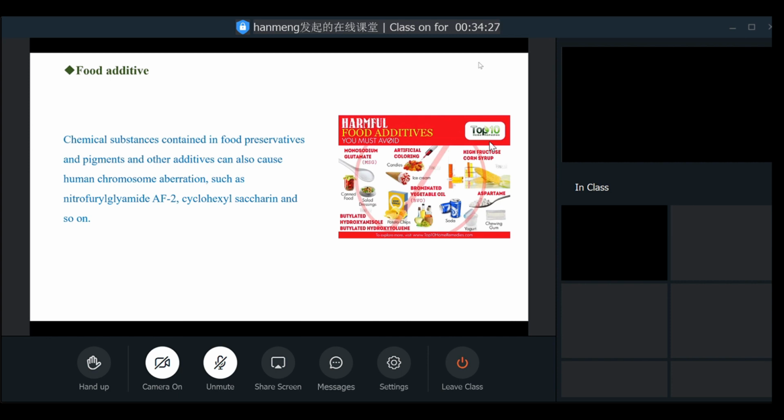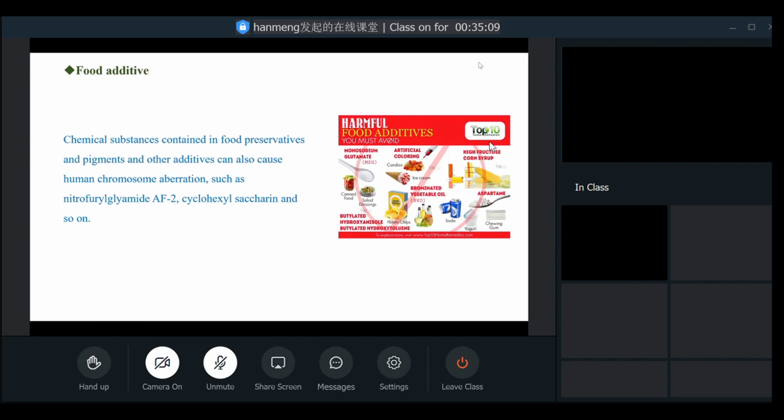Many food additives are regulated by our country's standard. The amount of the food additive has a normal standard.